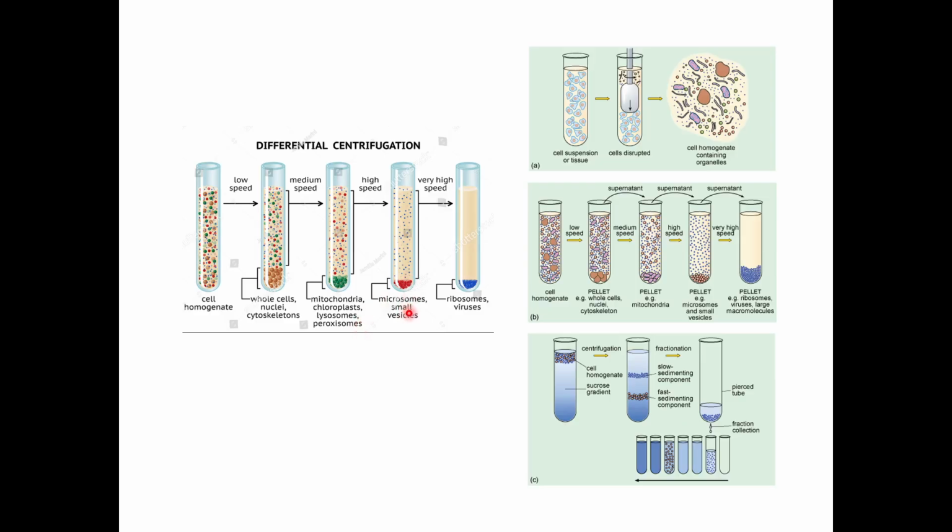Then further, when you increase the speed, you will get microsomes and small vesicles, which have very less density, and then the least dense ribosomes and viruses. So viruses, depending on the type of viruses and depending on the medium that is used, can be least dense or they can be similar to mitochondria also. So this is how differential centrifugation is used to isolate or fractionate different organelles from a cell suspension or a cell homogenate.